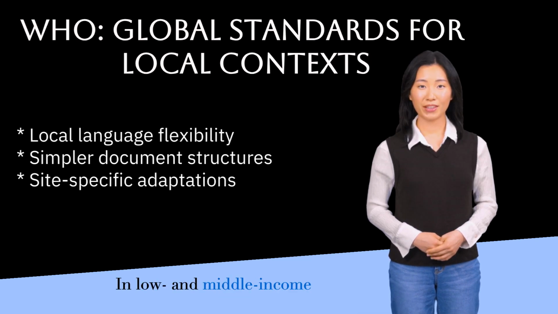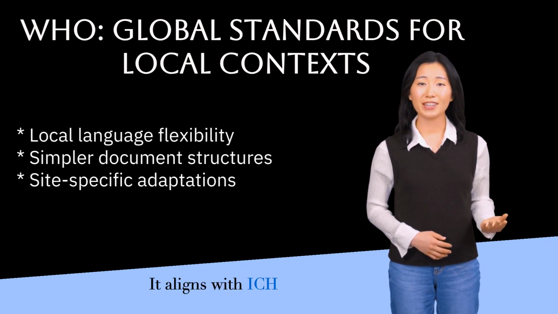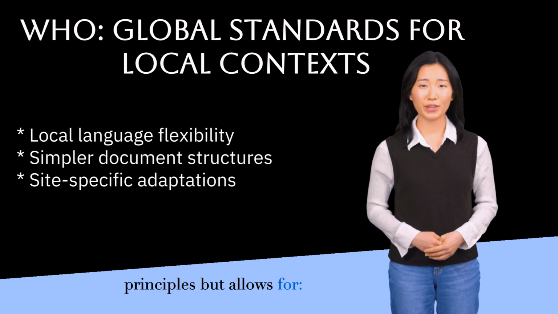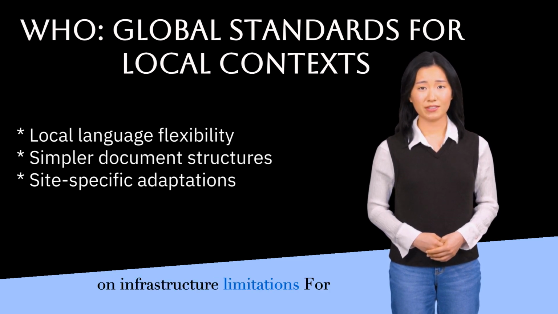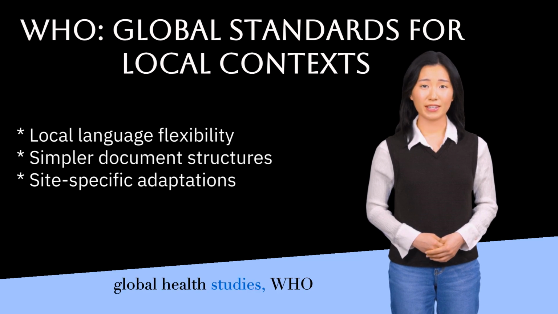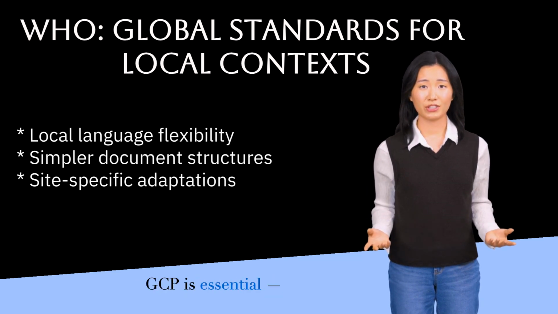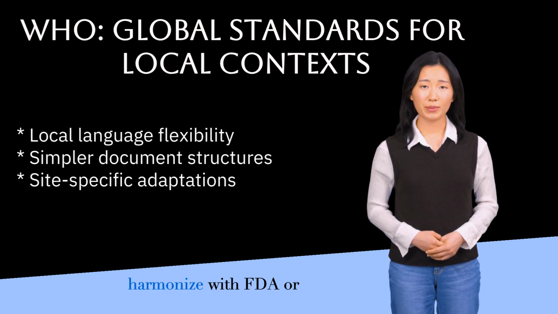In low and middle-income countries, many trials use WHO GCP. It aligns with ICH principles, but allows for local language flexibility, simpler document structures, and site-specific adaptations based on infrastructure limitations. For global health studies, WHO GCP is essential, but sponsors must still harmonize with FDA or EMA when submitting results.